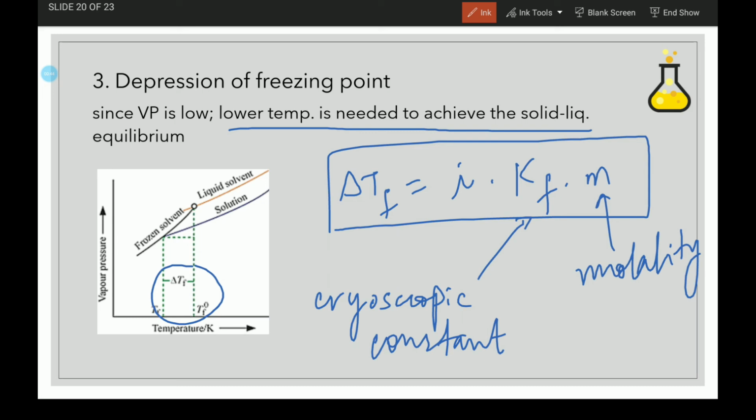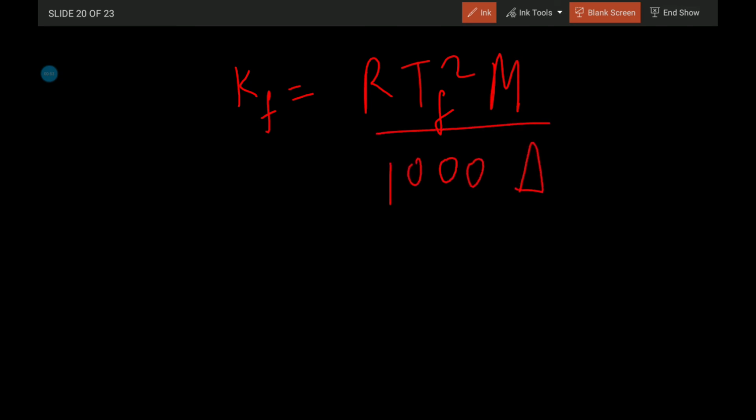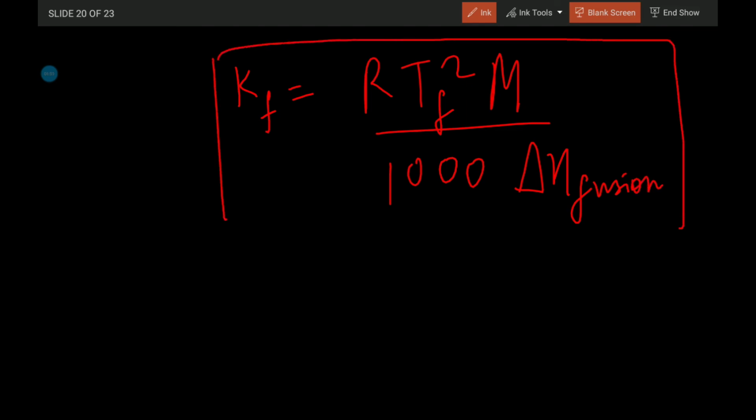Let us go to the blank screen. Kf can be expressed as R Tf square capital M upon 1000 enthalpy of fusion, where Tf is the freezing point in Kelvin, similar to the ebullioscopic constant or the boiling point constant.